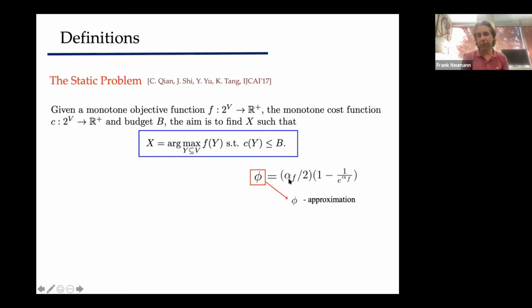If it's smaller, then you're going away from being submodular. Okay, and the approximation is with respect to an optimal solution where you can still calculate the optimal cost, because the cost here, in terms of a monotone cost function, could include an NP-hard problem already. So this approximation is with respect to a reduced cost budget.